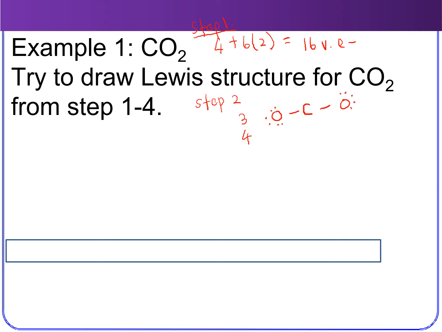Then we check if there are any extra electrons. Since we have 2 terminal atoms, each with 8 electrons, 8 times 2 equals 16 valence electrons. Initially in step 1 it was 16, now also 16, so there is no extra electron.